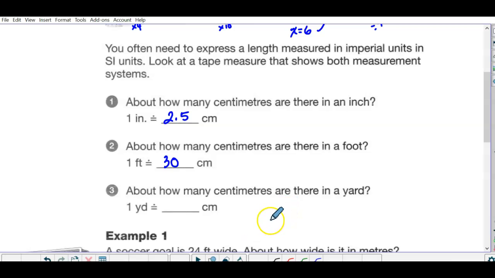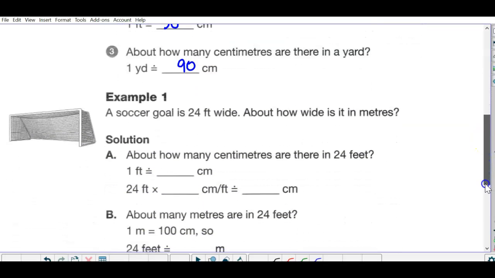So I don't have a meter stick or a yardstick to show you on this type of video. But if you were to get one, then you would see, first of all, you can think about 1 foot is about 30 centimeters is what we've said. If we know that 1 yard is 3 feet, that would be about 90 centimeters. Okay, really it's about 92, but that's an approximation.